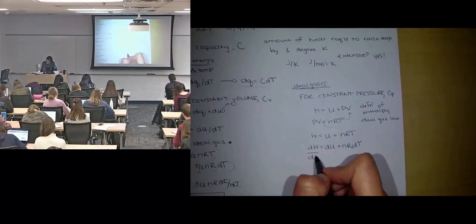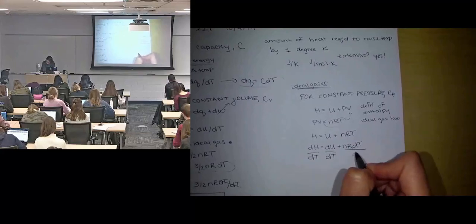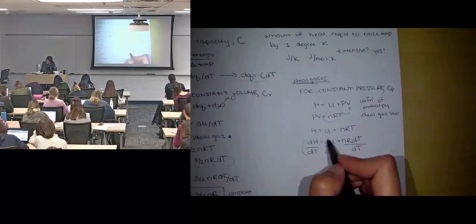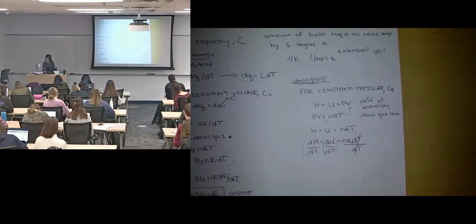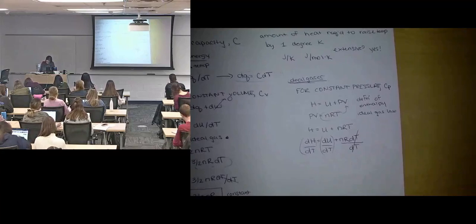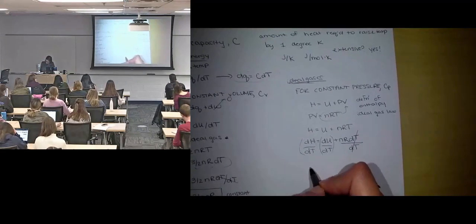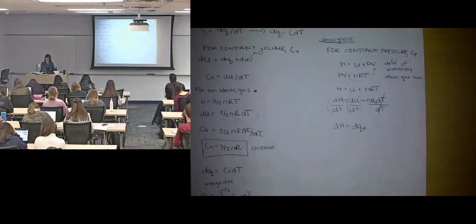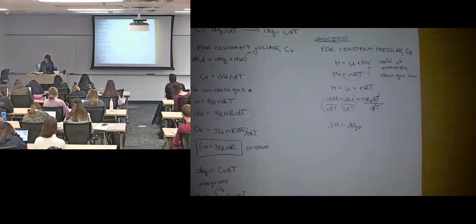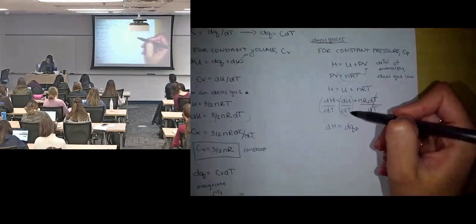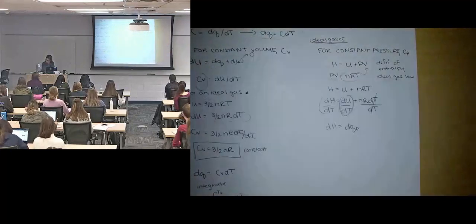Divide everything by dT. Okay. So we have dH/dT, dU/dT, and dT in this part drops out. Now we also said that dH is equal to constant pressure heat. This term here is this term here. So we can plug in our isometric heat capacity for the dU/dT term.